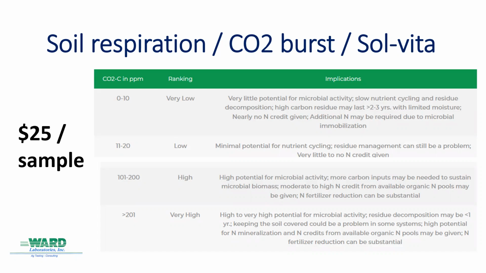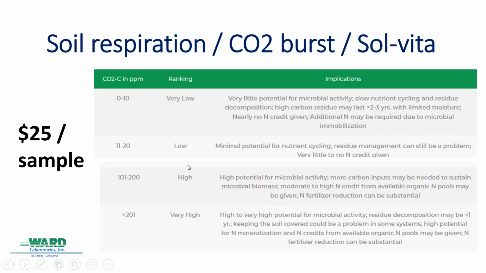Some people describe this as the soil microbes breathing, and you're measuring how much they're breathing. So it's an estimate of the potential activity of the microbes. The more CO2 that's released, the more potential microbial activity, and the more microbe biomass in that soil.